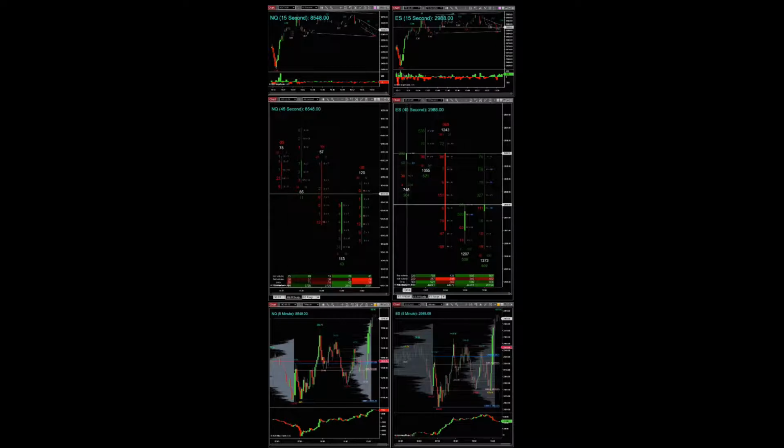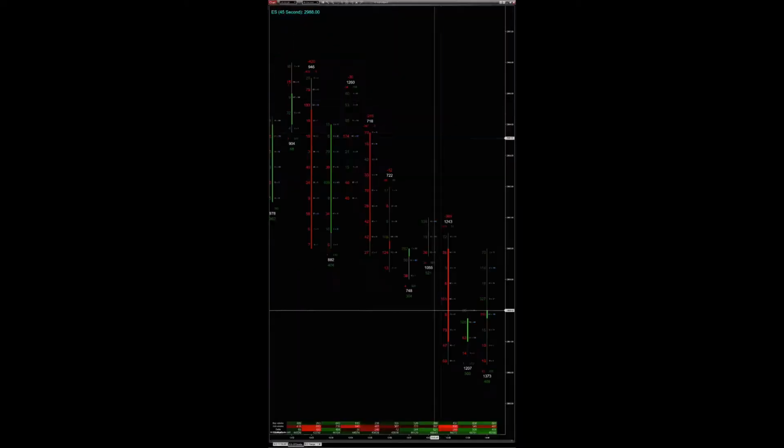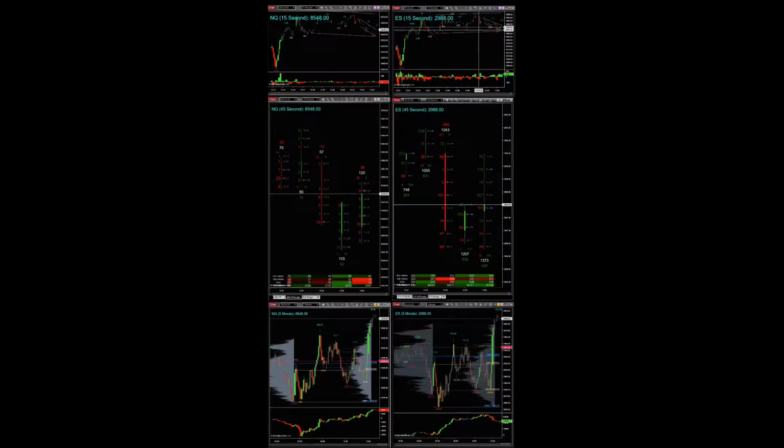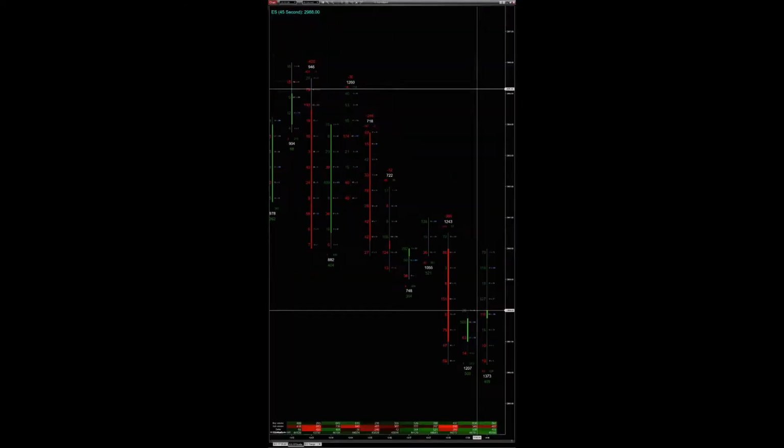Okay, so let's look at ES again, and this is a 45-second footprint. In the context of what we just saw, all that is the consolidation there, so that move is really over. If you pop out the footprint, you can see that, wow, that move is actually over, isn't it?